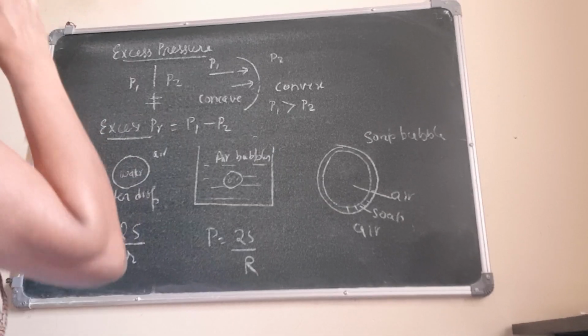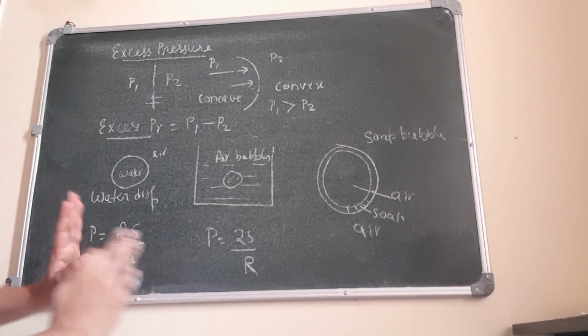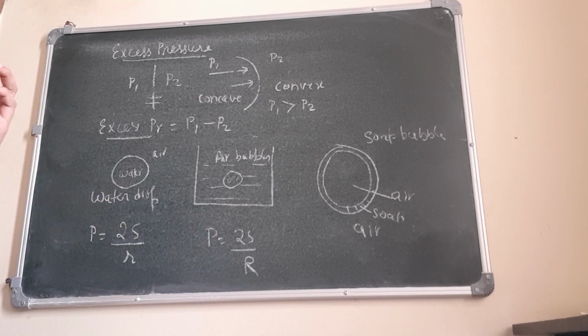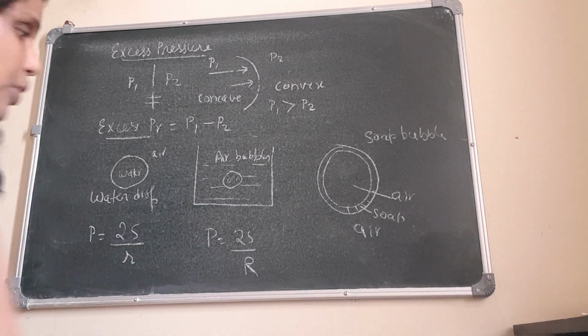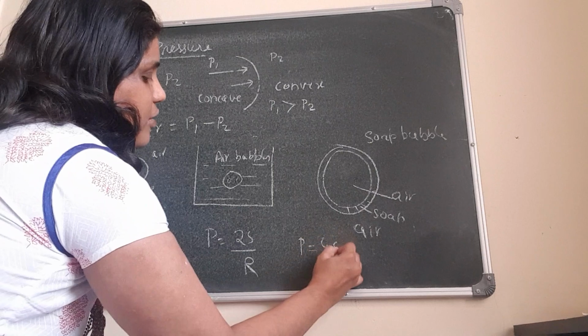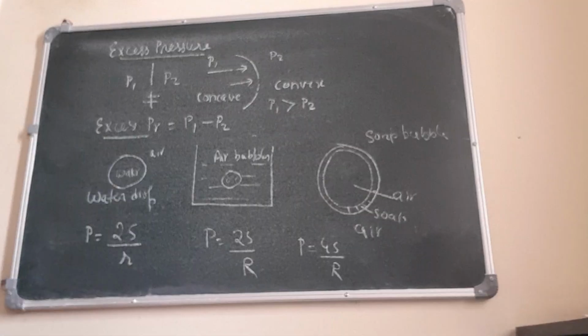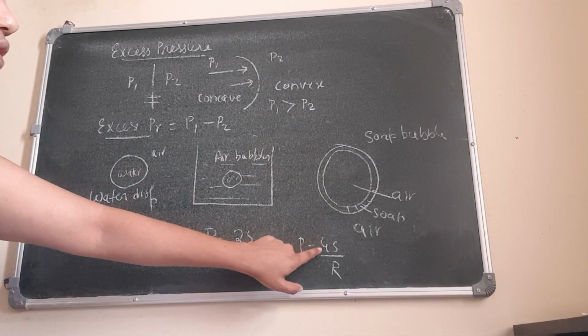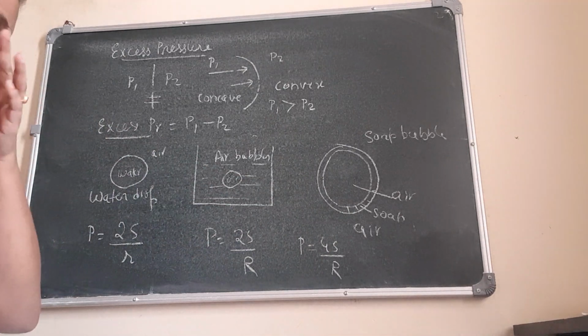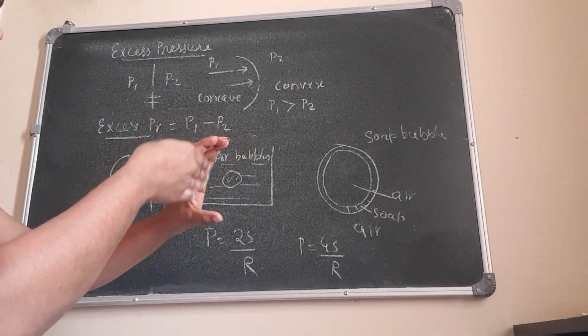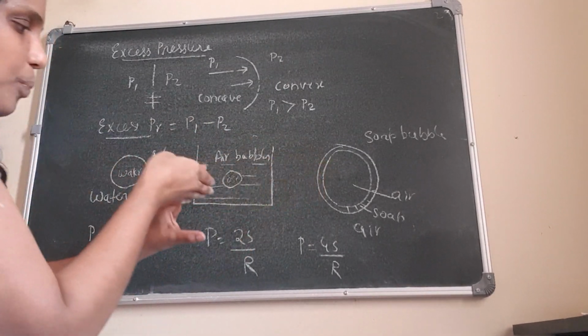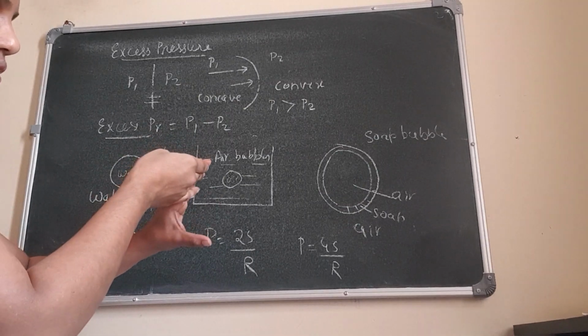In general, we are talking about excess pressure, the difference between the pressure on the concave and convex sides. But only here it will be 4S by R. So whenever the question is asking about a soap bubble, don't write 2S by R for excess pressure, write 4S by R. Why? Because now it has got two surfaces. There is air and soap, soap and air: one internal surface.